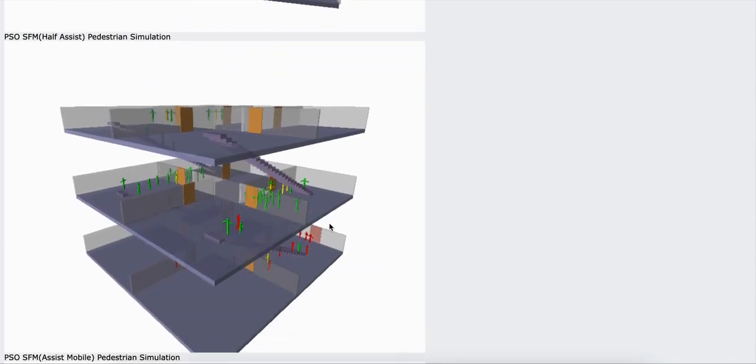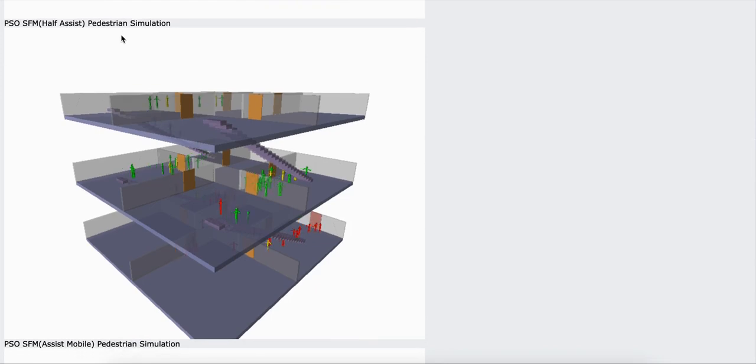Similar to the previous policy is half assist, where half of the staff assist and half of them try to evacuate. Even though this seems like a bad one, when staff who are evacuating are seen, there is an underlying herd behavior which allows some of the pedestrians to follow these staff and evacuate themselves automatically.